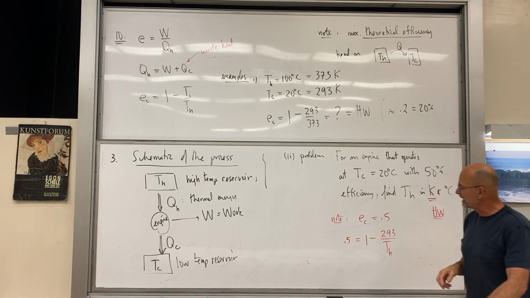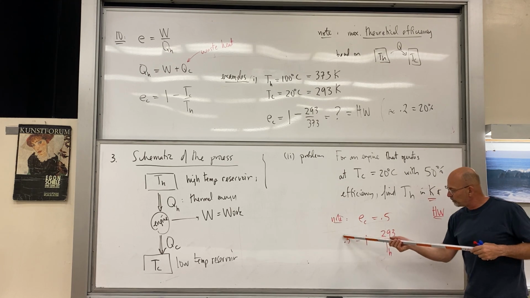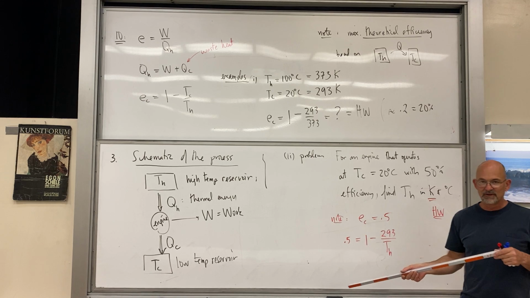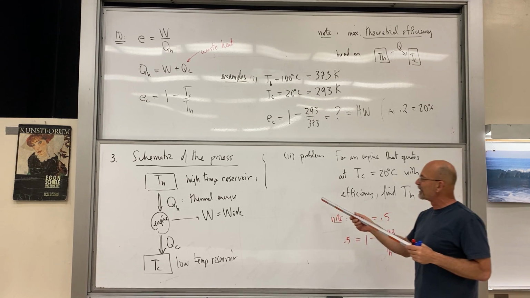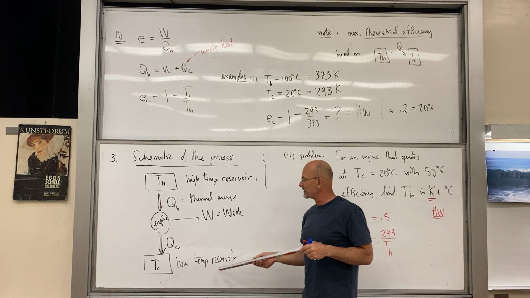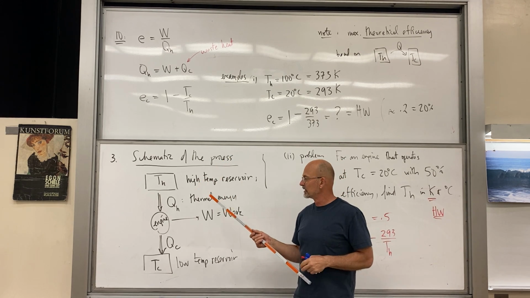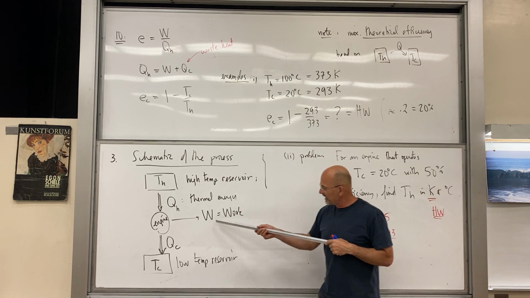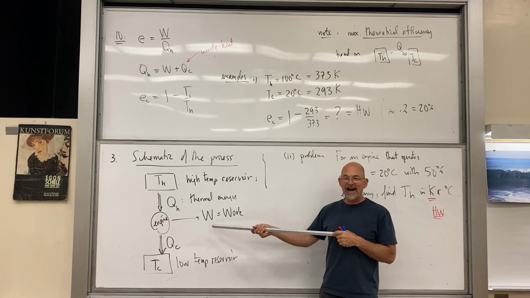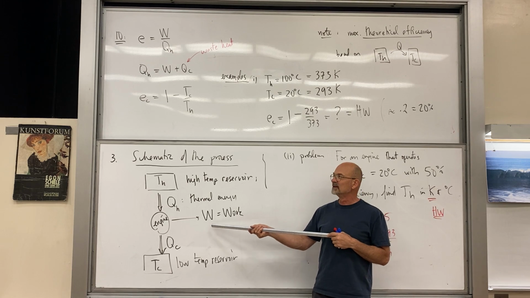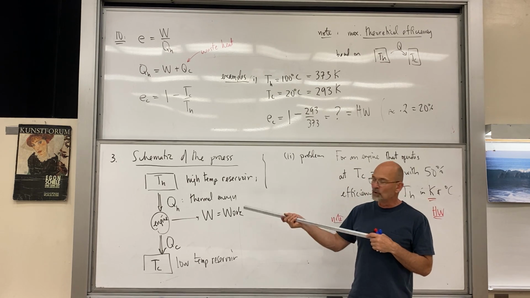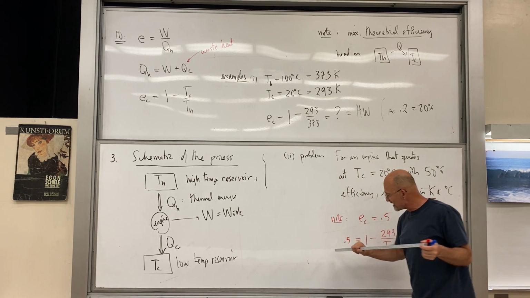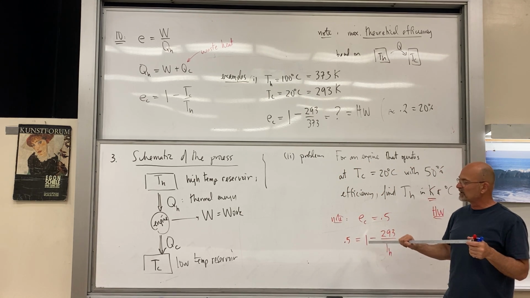And I should point out, I think I mentioned earlier, this 0.5 is a very good value for a heat engine. You know, we have gigantic power plants that run, say, on coal or natural gas or oil, and their output will be thousands, say 1,000 megawatts, which would be 10 to the 9 watts, so enormous output, and 50% is a very good number, maybe even better than what's even possible.